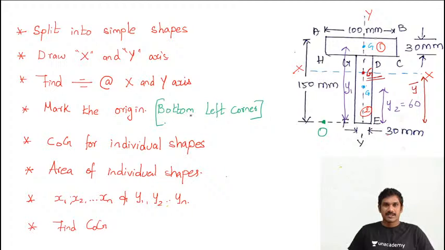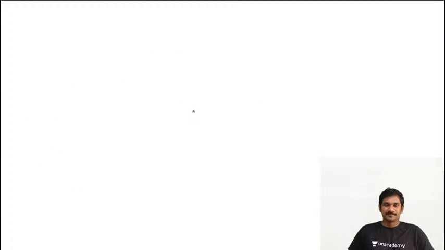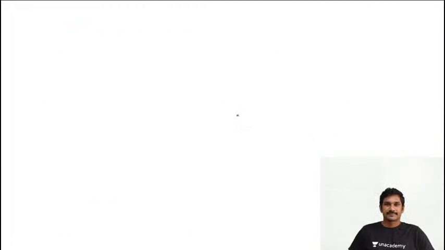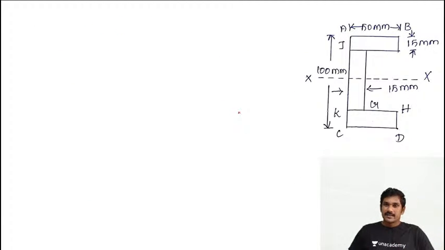So this is an interesting question. Now, this T section is symmetrical about one axis, that is y, and about the other axis it's not symmetrical. Now we are going to discuss the next one, which is symmetrical about the x-axis but not symmetrical about the y-axis. It is just another case symmetrical about one axis, but here it is about x.